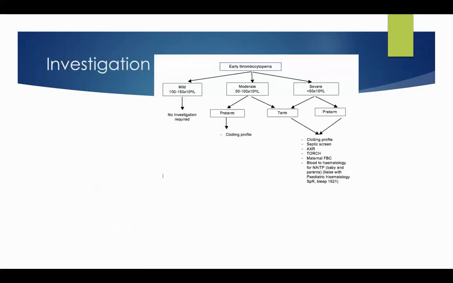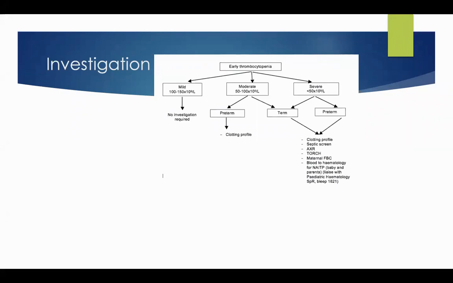So in the guideline, the etiology has been split up into early and late causes of thrombocytopenia, and here it's split up into mild, moderate, and severe thrombocytopenia with platelet counts listed, as you can see on the screen. So in the preterm infant with moderate thrombocytopenia, because there is increased risk of bleeding, a clotting profile is usually recommended.